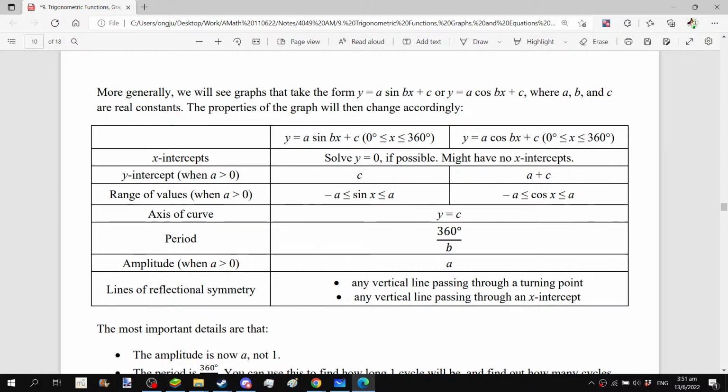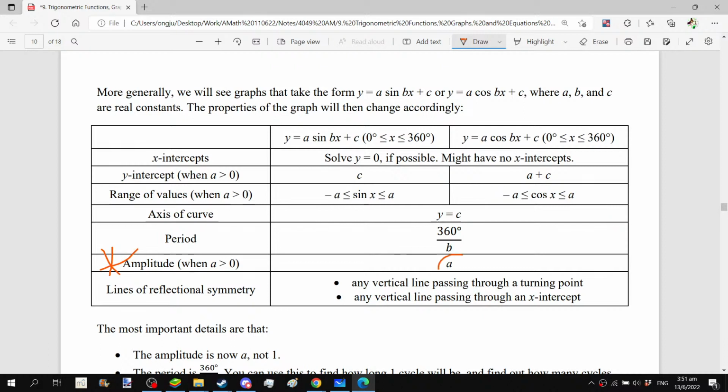Now, in general, the y-intercept for sine, because you used to start from 0, you used to start from nothing, what happens is that when you plus a constant, you'll start from the constant instead. For cosine, it's a little bit different, unfortunately. And the range of values will now be different because the amplitude changes, right? This is perhaps the most important thing over here.